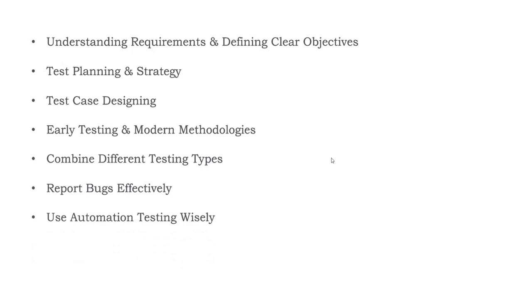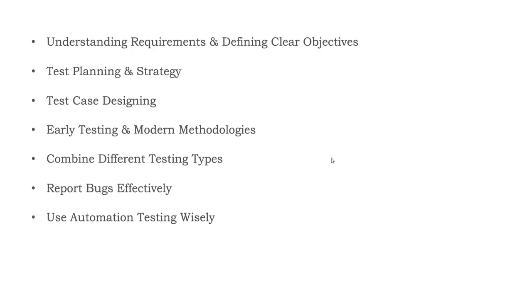Use automation testing wisely. We know that automation testing is used mainly for repetitive tasks. If I want to perform regression testing again and again, I cannot manually execute thousands of tests if the application is complex or quite big, right? So automation testing, you have to use it wisely.